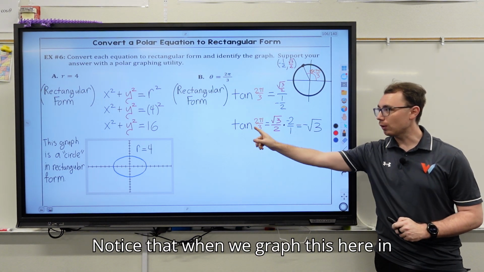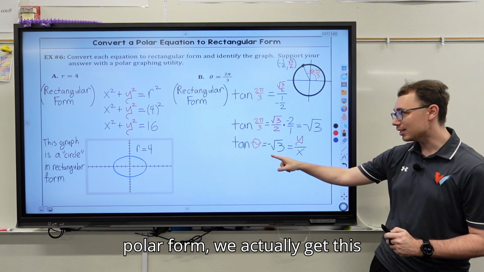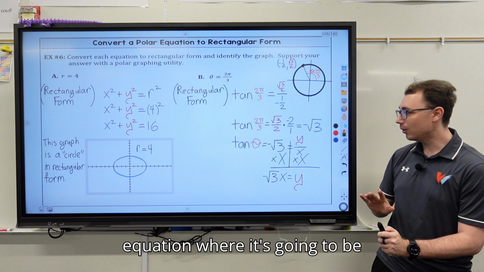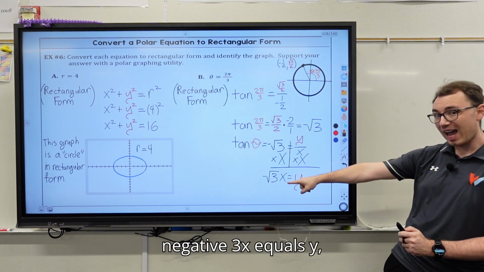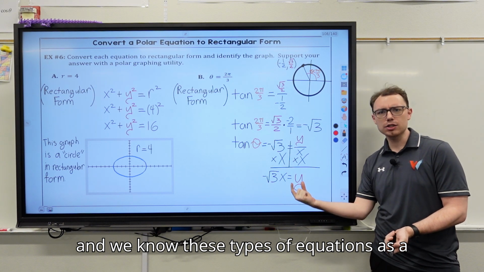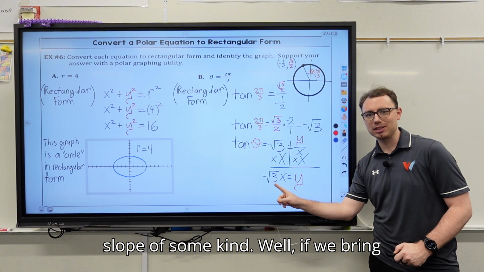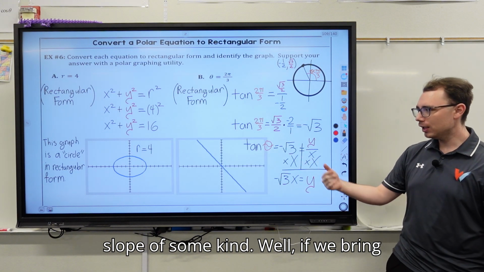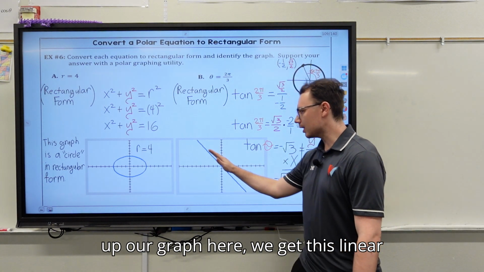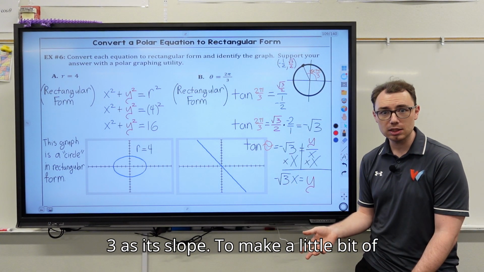Notice that when we graph this here in polar form, we actually get this equation where it's going to be negative root 3 x equals y, and we know these types of equations as a linear line where x has a slope of some kind. Well, if we bring up our graph here, we get this linear line that happens to have a negative root 3 as its slope.